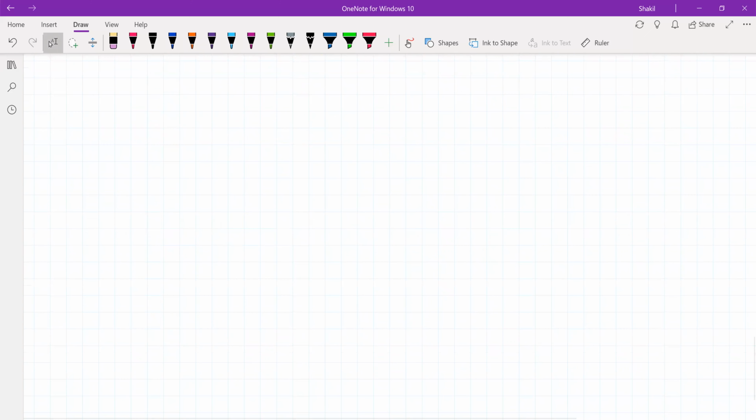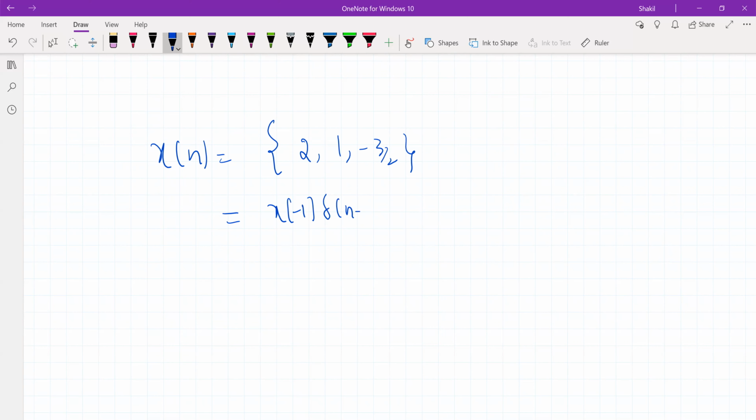See, for example, if we repeat this, what was our given sequence? Let me illustrate that again. So x of n is 2, 1 and minus 3 by 2, and we can write it in terms of sequences like this: x of minus 1 delta n plus 1, plus x of 0 delta n, plus x of 1 delta n minus 1.